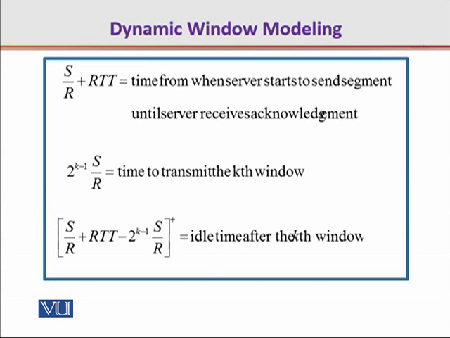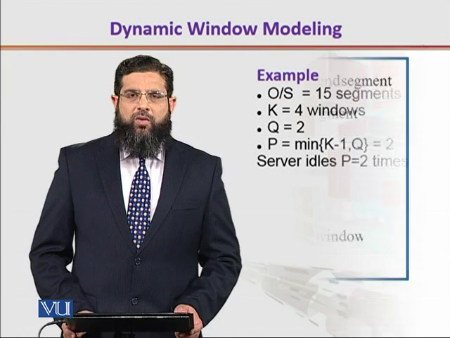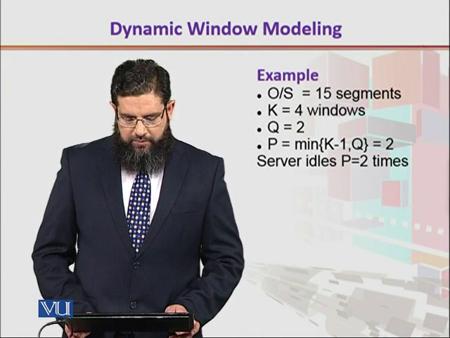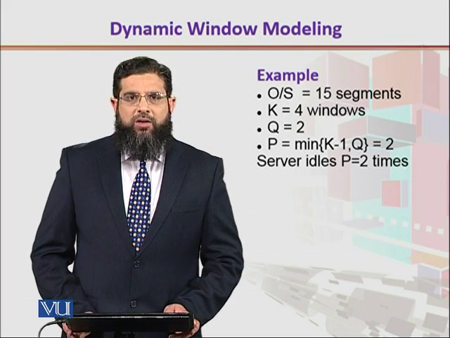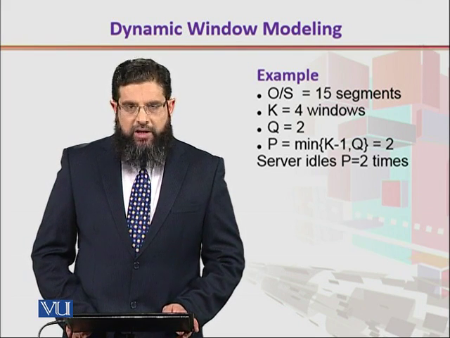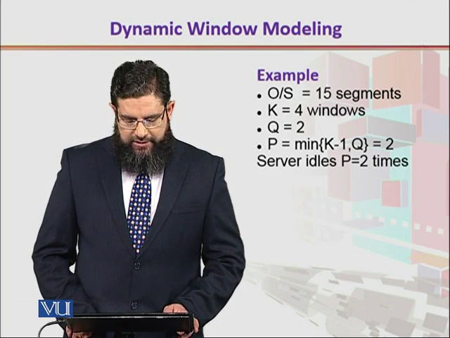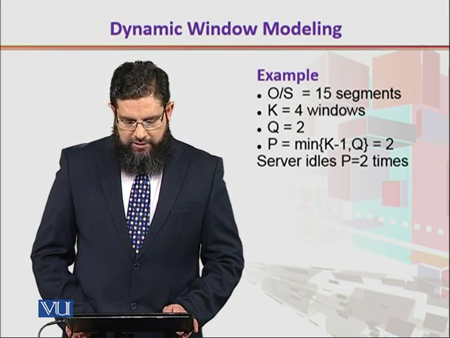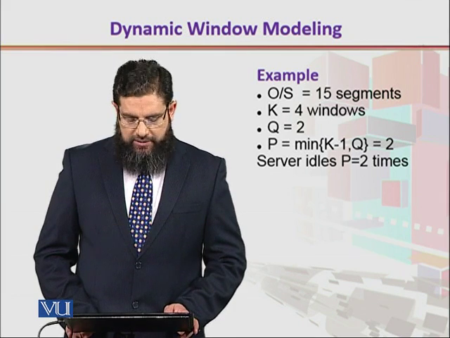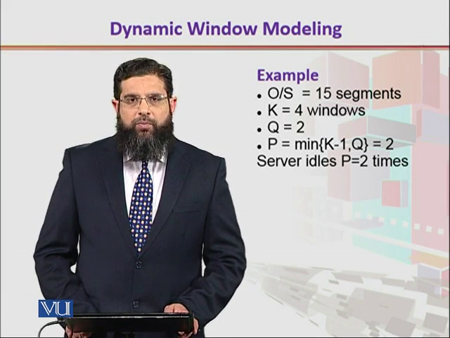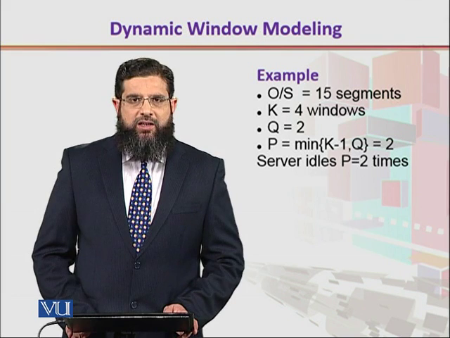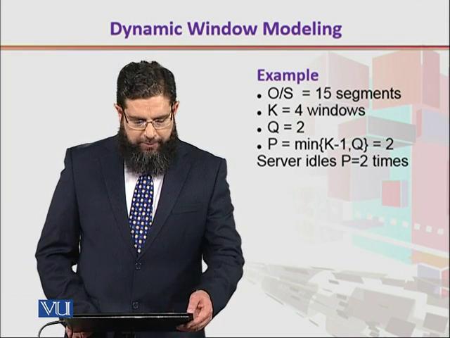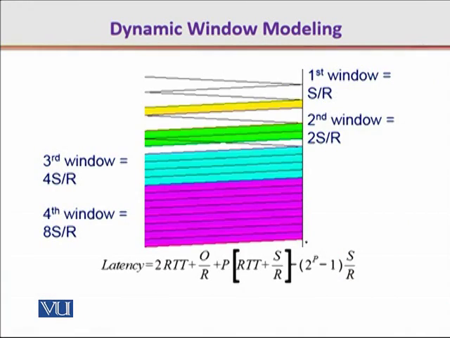With this mathematical visualization, as an example, we see here, if we have 15 segments and these segments are sent in the form of 4 windows and the server idles twice, so the latency would be affected like the expression that we have seen earlier here.